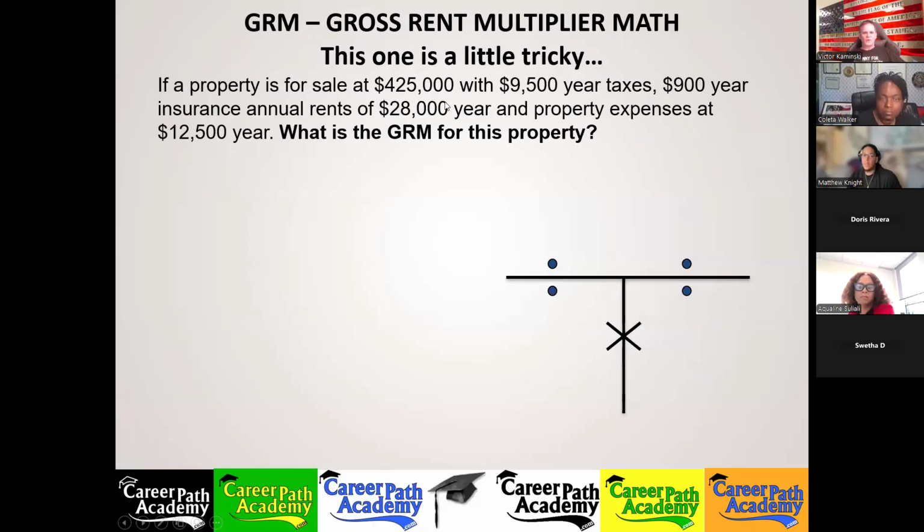Okay, so here's another one for the GRM. If the property is for sale for $425,000 with $9,500 a year in taxes, $900 a year in insurance, and annual rents of $28,000 a year, and the property expenses at $12,500 a year, what is the GRM for this property?